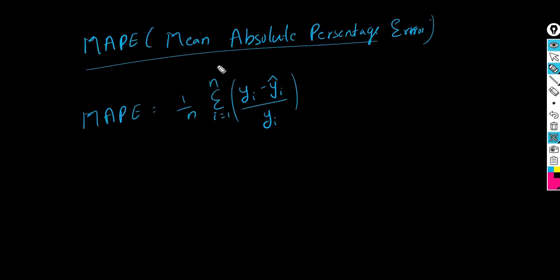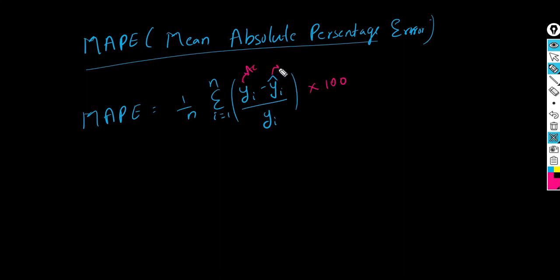Next, mean absolute percentage error. Here its formula is like this, and we can also multiply by 100 if you want. MAPE is equal to 1 by n, sigma i equal to 1 to n of the actual value minus the predicted value, divided by the actual value.